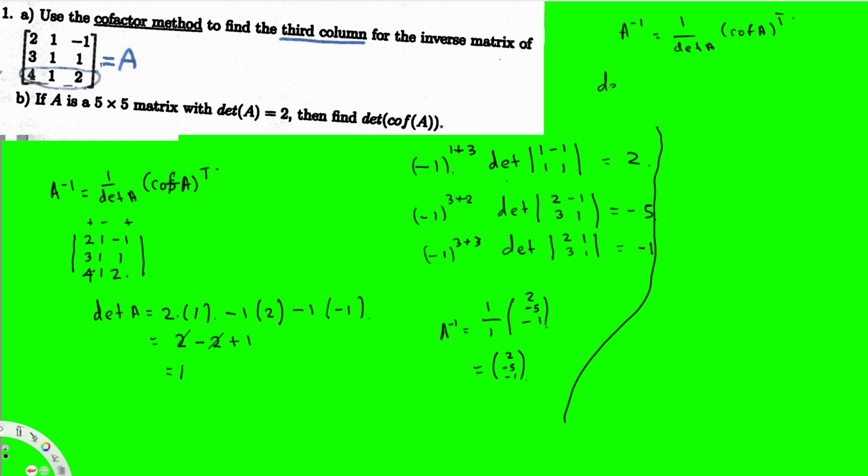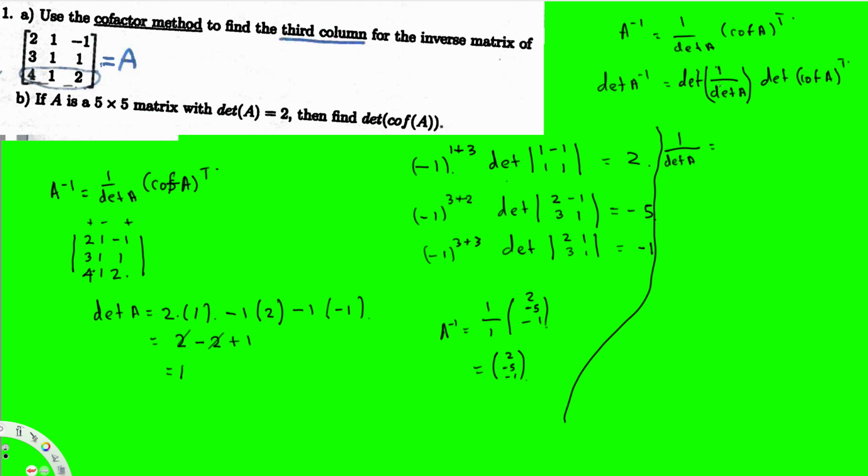So let's do this. Determinant of A inverse equals the determinant of 1 over determinant A times cofactor A transpose. Determinant A inverse can be written as 1 over determinant A, and this is a number.